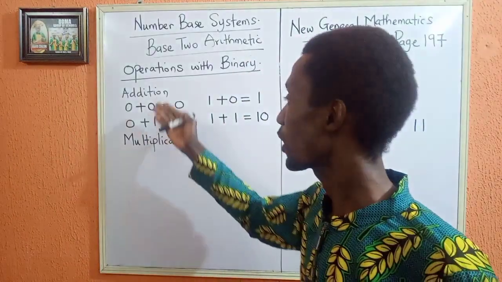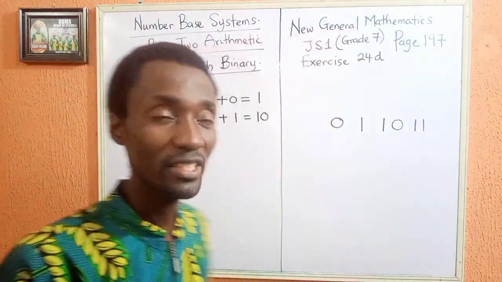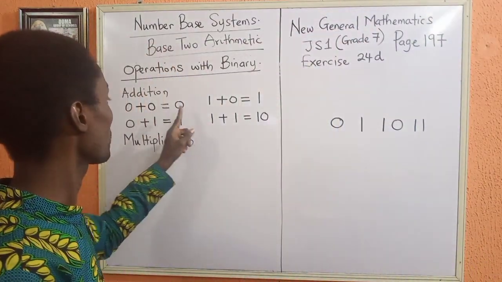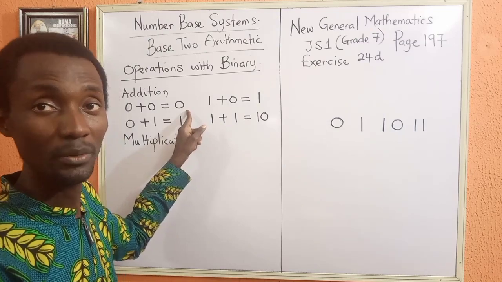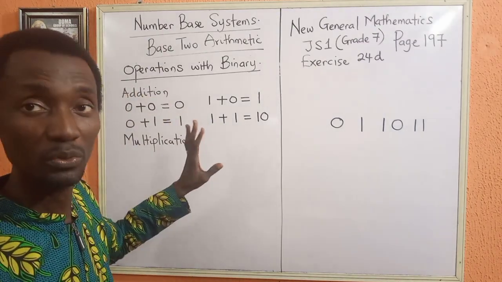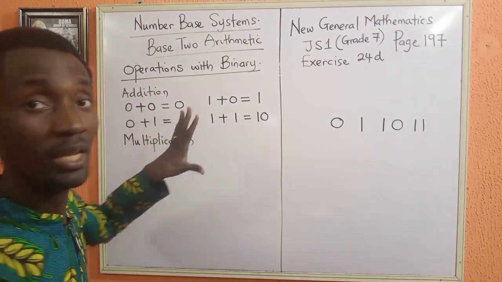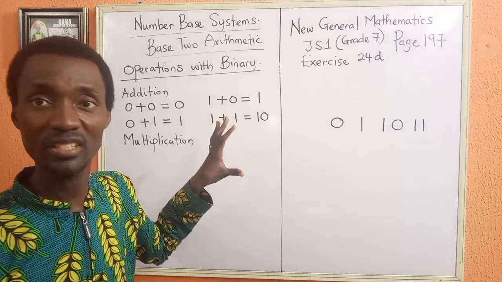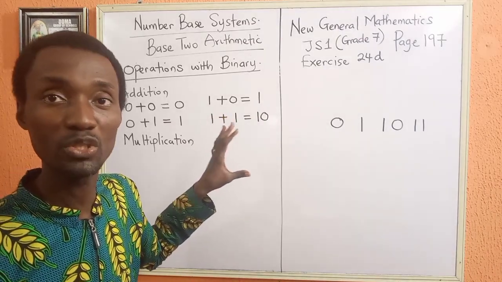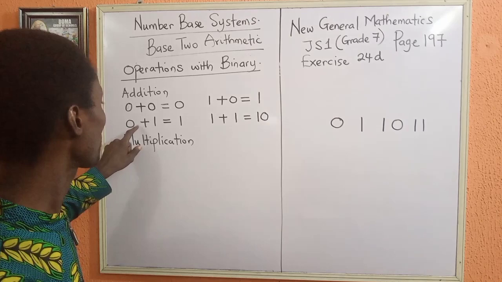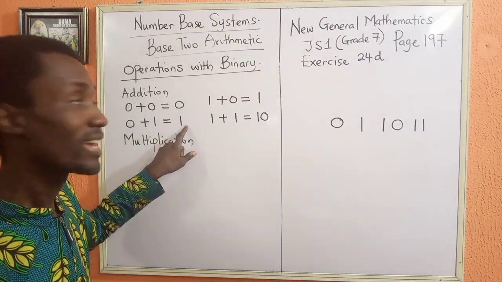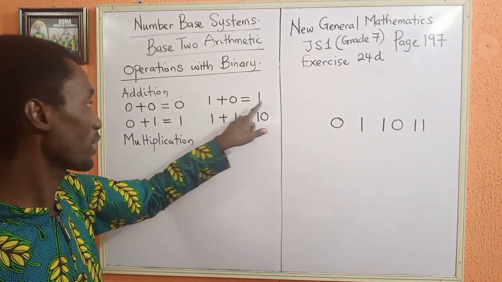So, we have addition. If I have 0 plus 0, I'm going to get what? 0. Remember that this is the context of base 2. Sorry, I did not put base 2 here, but I guess that you understand that I'm dealing with base 2. Now, if I have 0 plus 1, I'm going to get 1. If I have 1 plus 0, I'm going to get 1.